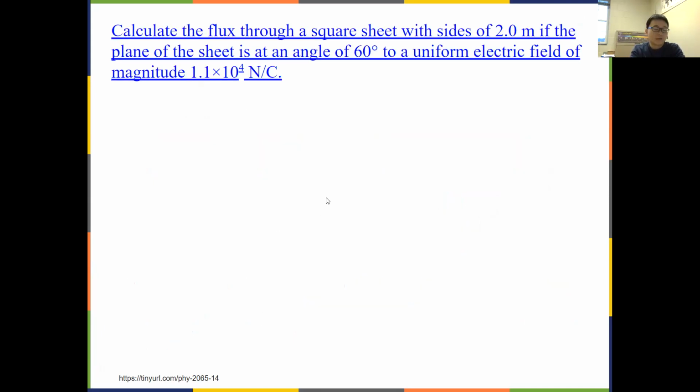Let's take a look at a couple of examples. The first one says: calculate the flux through a square sheet with side of 2.0 meters if the plane of the sheet is at an angle of 60 degrees with a uniform electric field of magnitude 1.1 times 10 to the 4. Let's sketch this problem.